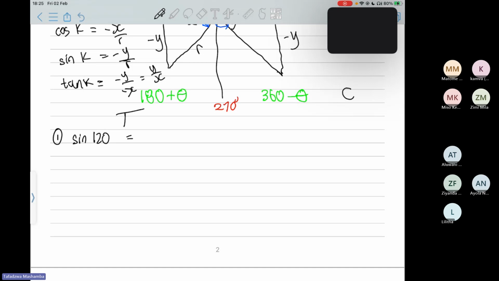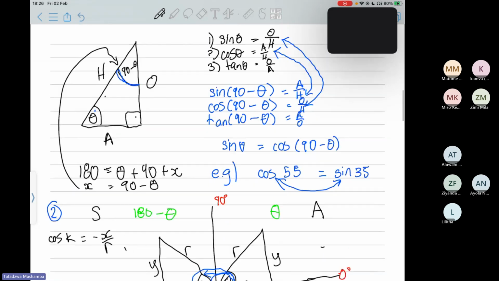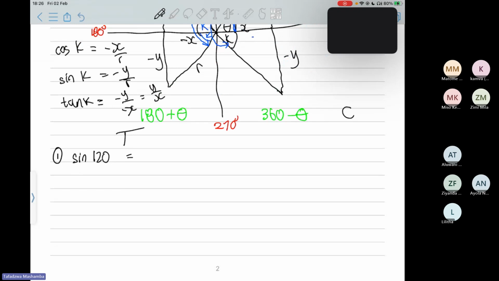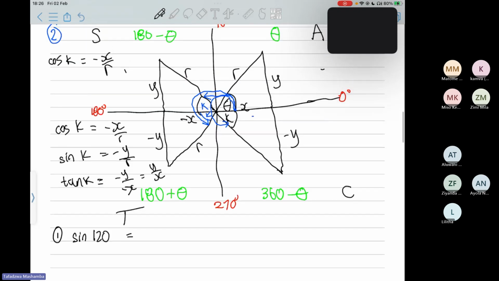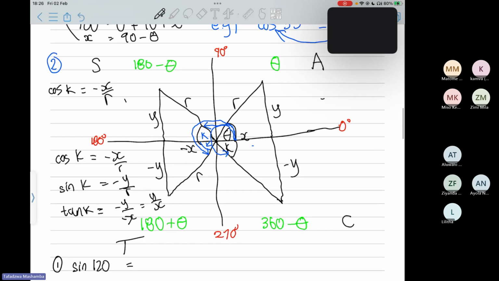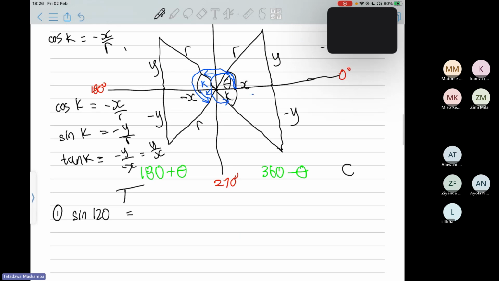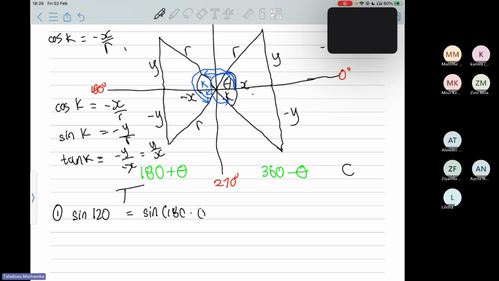I know what the answer is. But the step-by-step breakdown using what we just learned is by saying, if I have 120, let's solve it in terms of the reduction formula. Where is 120 in this quadrant? 120 is greater than 90 but less than 180. So that means we're dealing in which quadrant? This one. So the first thing that I'll write is sine of 180 minus theta. Okay.